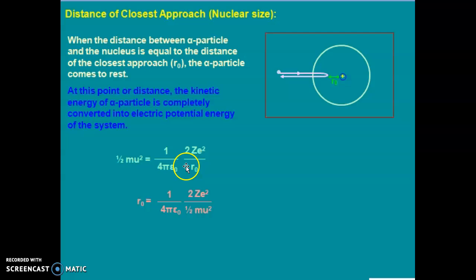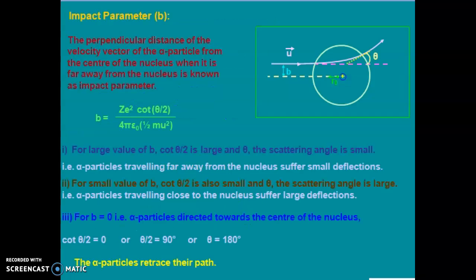What is r naught? r naught is the distance between these two particles, the positive nucleus and the alpha particle. Rearranging this, we are able to get the expression for the distance of closest approach.